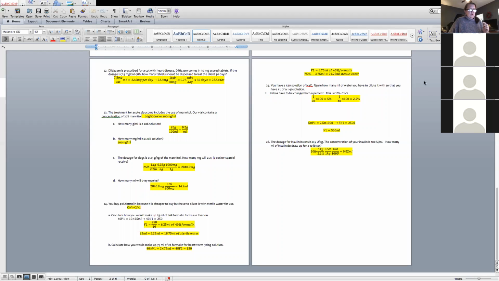Yeah, if you're doing it in ratio form, but what this is showing you, if you go back to the initial problem, the concentration you want is 2% of 75 mils. 2 times 75 gives you 150. You divide that by the percent of the solution that you have, which is 40%. And that's going to tell you how much of the 40% to add to make the new solution.